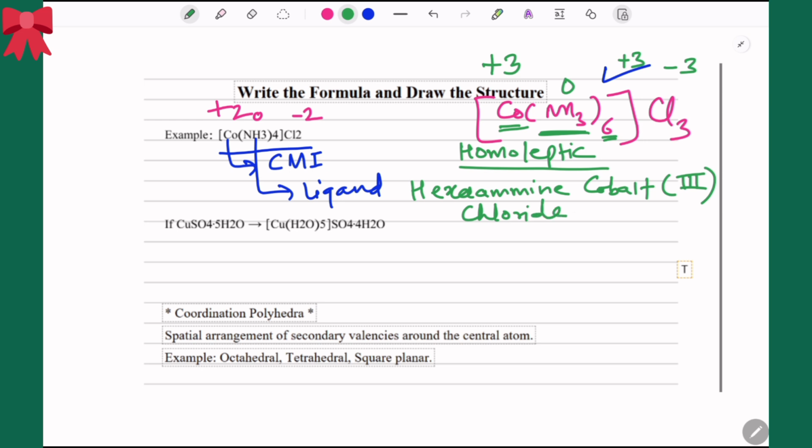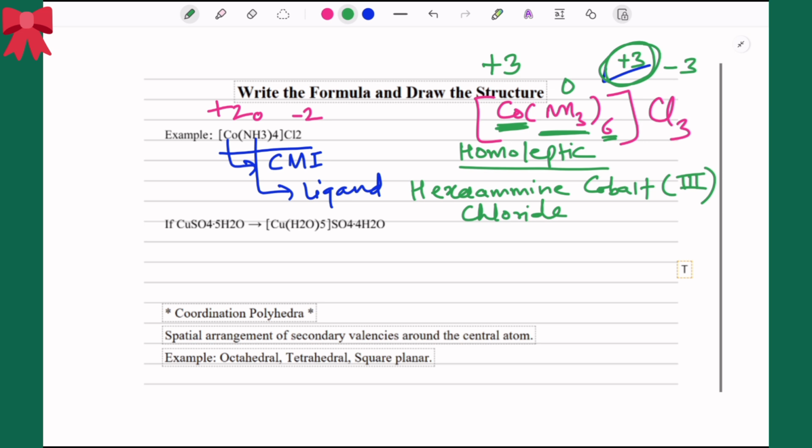Whenever the central metal atom is in the positive bracket, that is, it's part of a cation, you name the metal as the metal itself. Cobalt should be named as cobalt only, iron as iron only, silver as silver only, and so on.